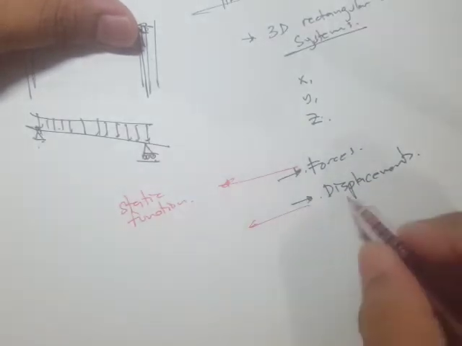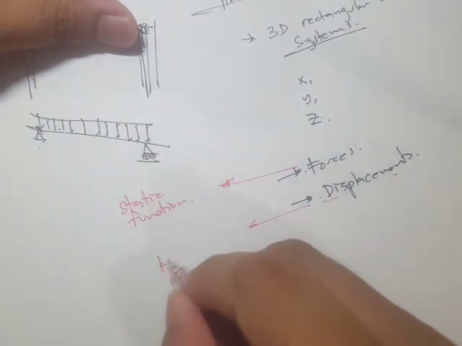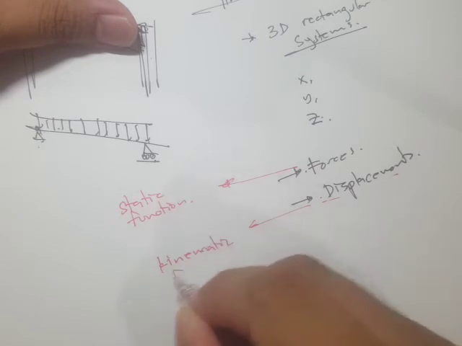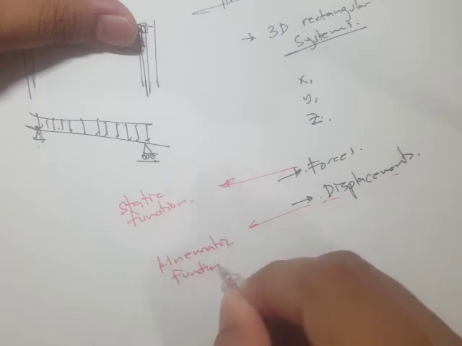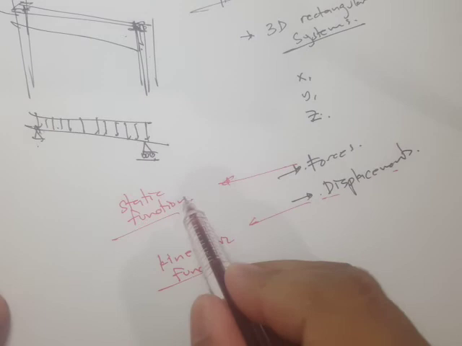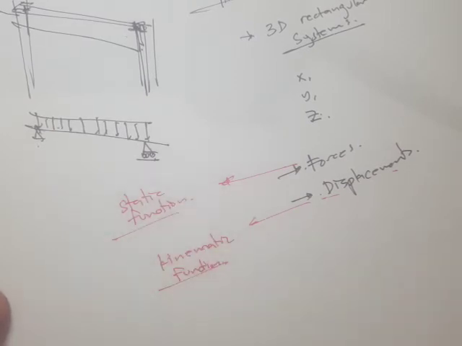And in terms of displacement, this refers to the kinematic functions of the joints or the support reactions. Basically, the static function is to transmit the forces from one member to another.